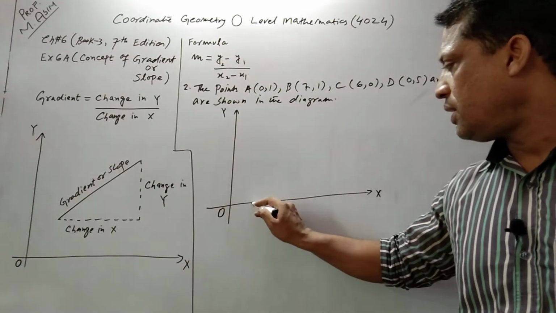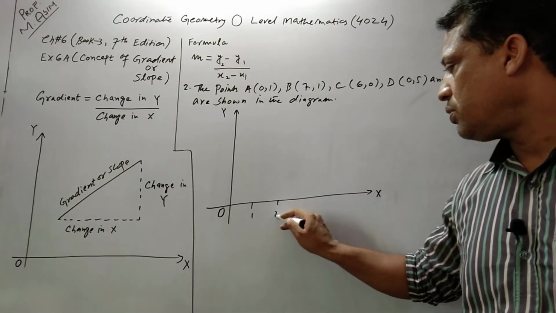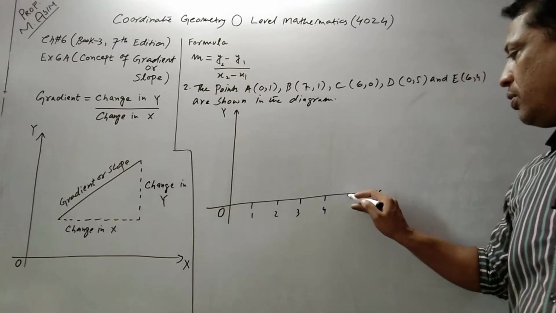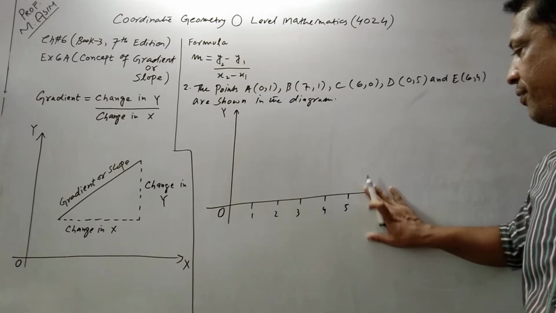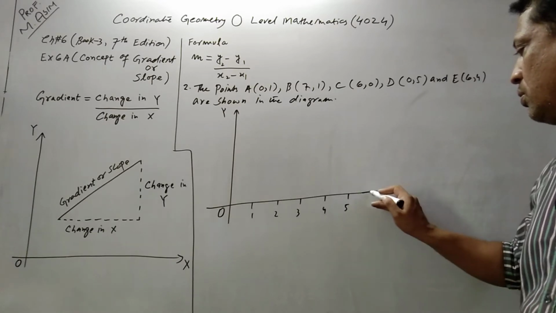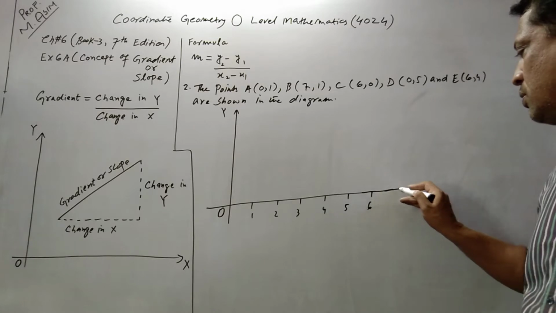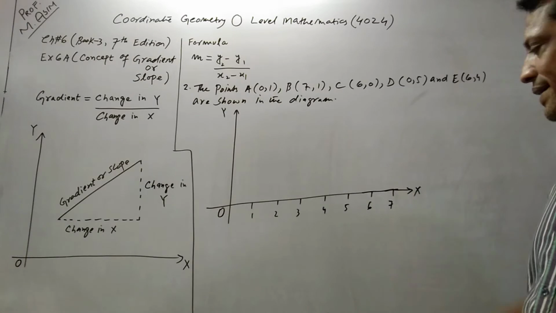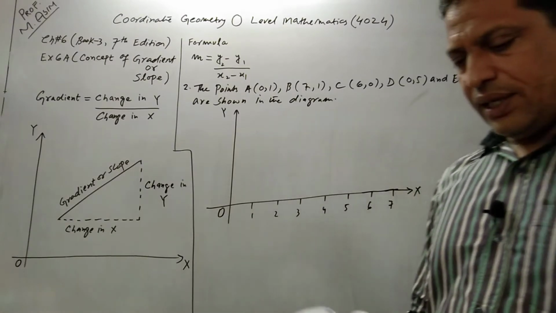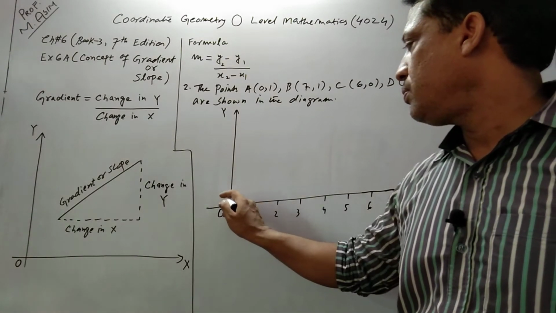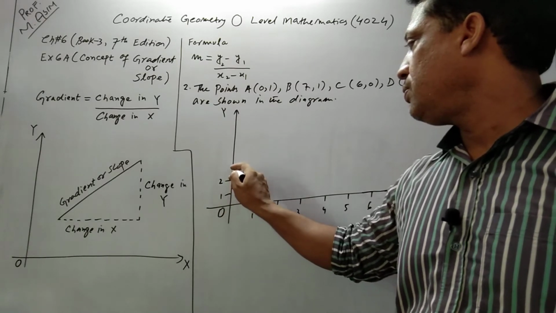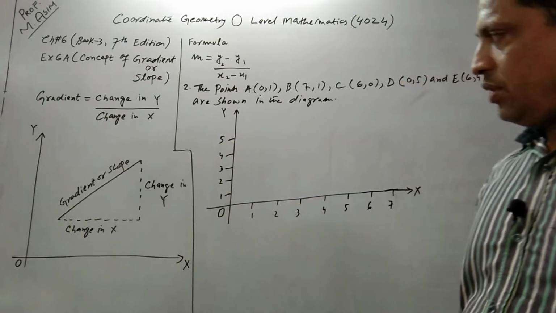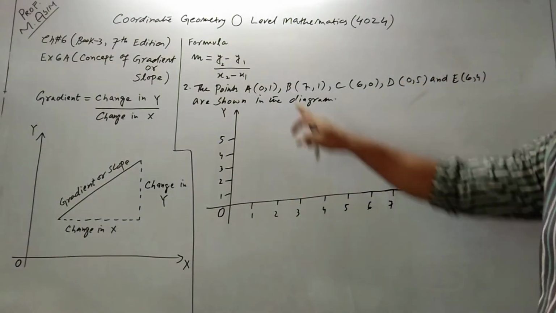Now this is 1, 2, 3, 4, 5, 6 and 7 on the x-axis, and on the y-axis this is from 1, 2, 3, 4, 5.